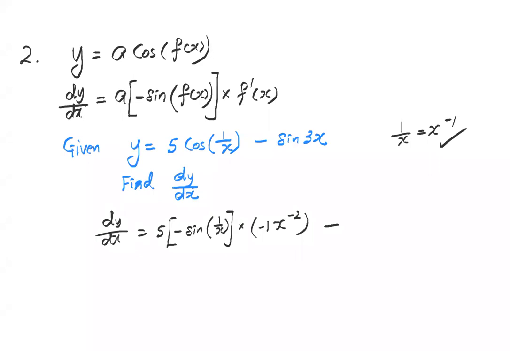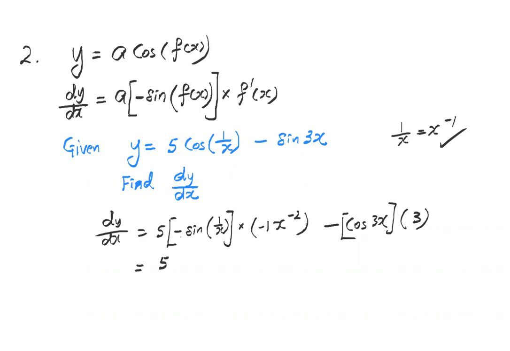Derivative of sin will be cos 3x. Write down the angle. The derivative of 3x is 3. Am I right? So for this one, 5 times negative 1 is negative, negative becomes positive, so it's 5.